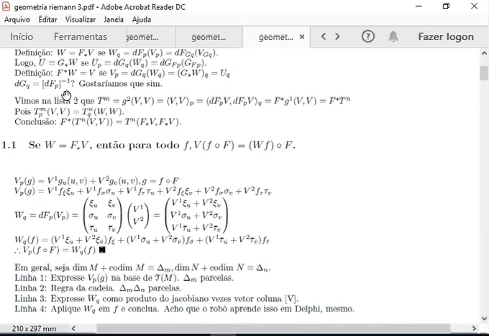The derivative of F composed with G is the derivative of the identity, which is the identity.